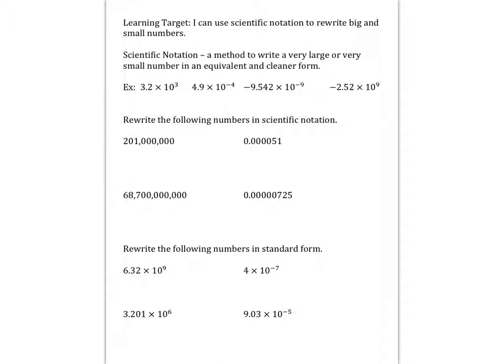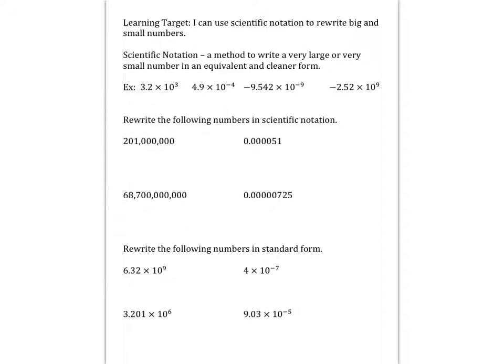Scientific notation is a method to write a very large or very small number in an equivalent and cleaner form. You may have heard about this in some of your other classes, maybe science class. Some examples could be 3.2 times 10 to the third, 4.9 times 10 to the negative fourth, negative 9.542 times 10 to the negative ninth, negative 2.52 times 10 to the ninth.